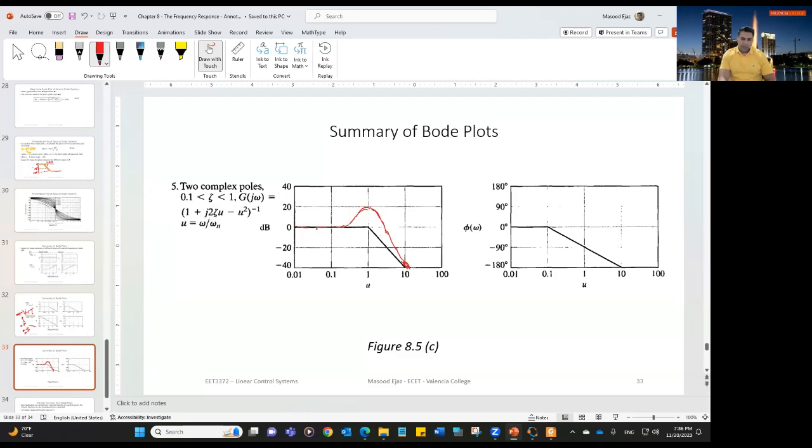The peak value is important to realize that this is a second order system. Otherwise, this can very well be the plot of a pole with, anybody can tell me? Let's say this u is, of course, omega over omega n. And if I have this scale omega, and let's say here I have 1000 radian per second, if I give you this Bode plot, what would you tell me that this Bode plot corresponds to, what type of transfer function?